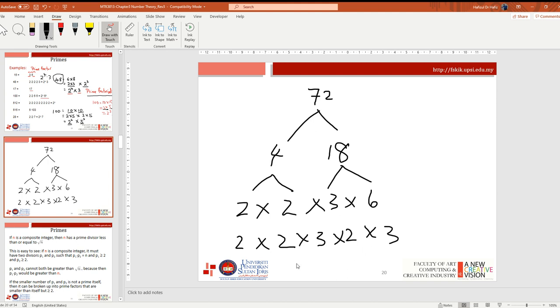Then we get 2 to the power of 3 multiplied by 3 to the power of 2. This is the prime factorization of 72.